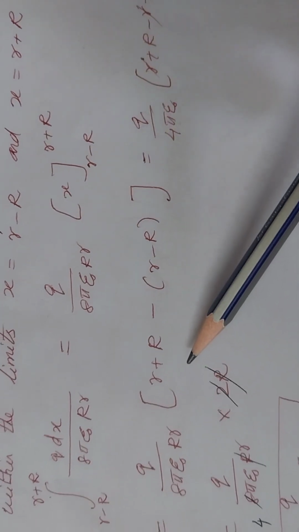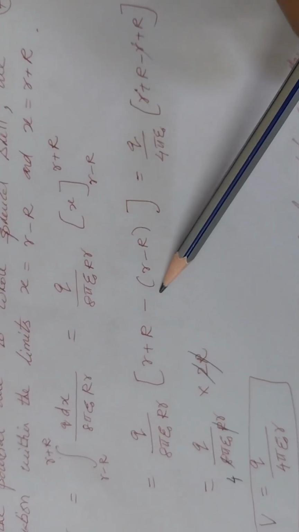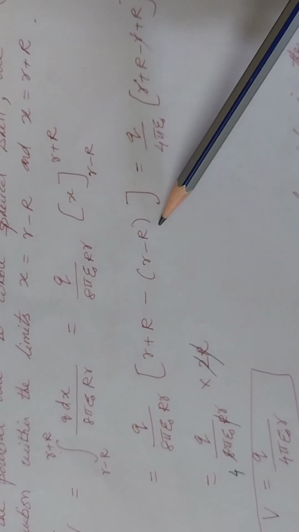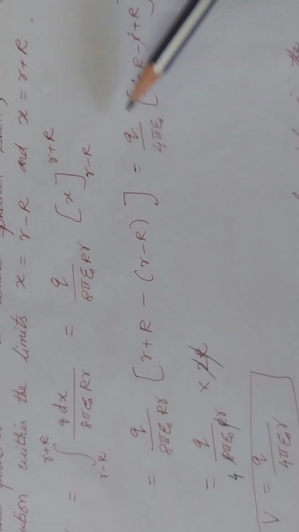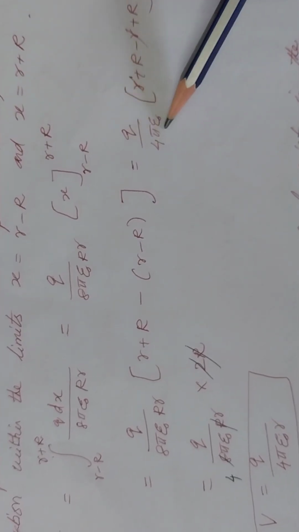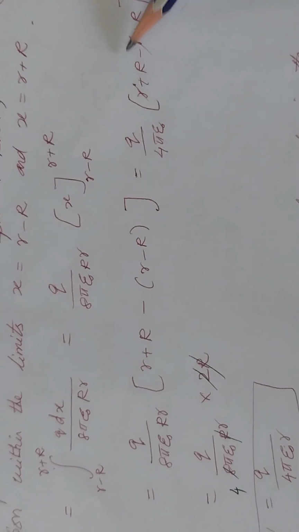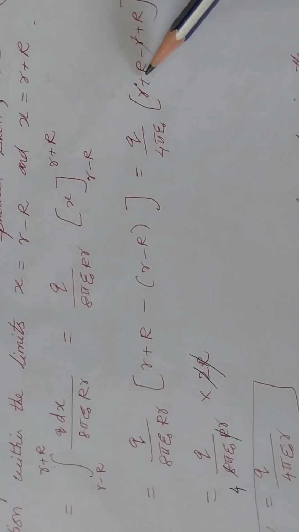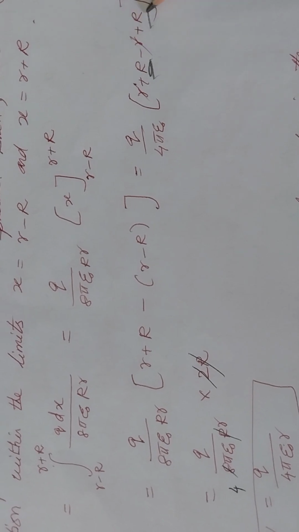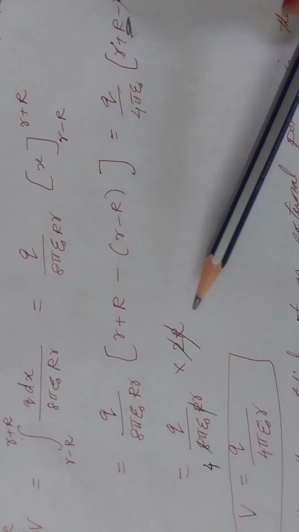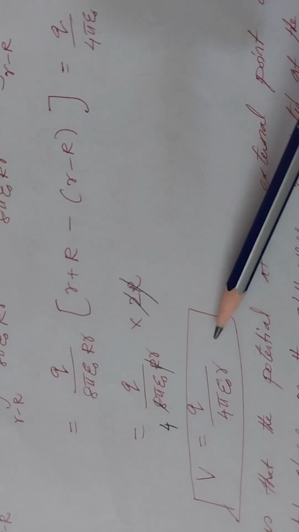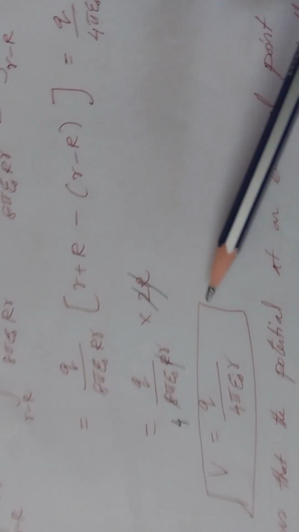Finally we substitute for R plus r and R minus r. We get q divided by 4 pi epsilon naught R r times (R plus r minus R plus r), so the R terms cancel off. We have only 2r, so therefore V is equal to q by 4 pi epsilon naught R.